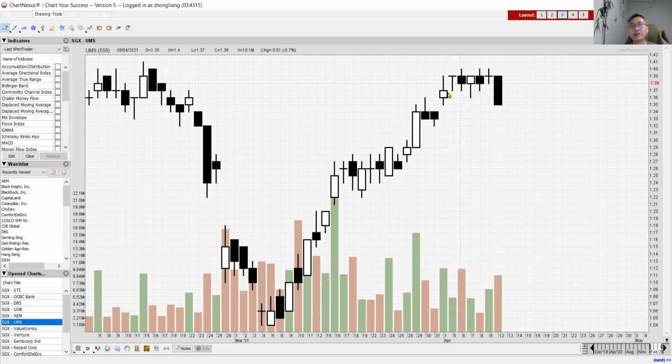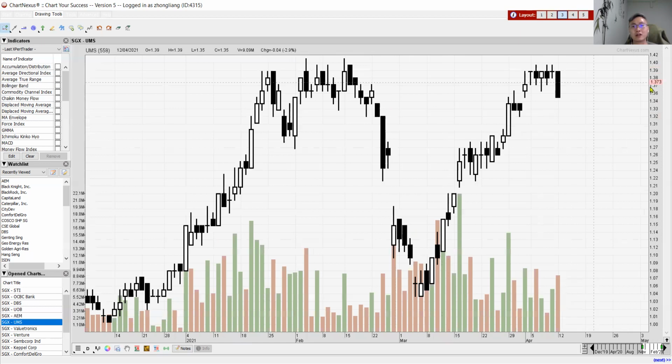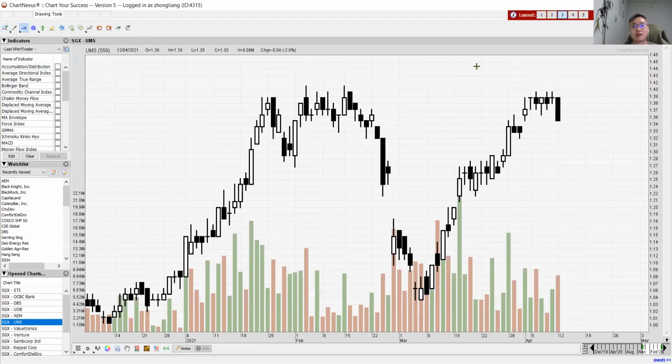We don't see a convincing movement, and together with this resistance zone that UMS is trading to, the normal pullback is quite the norm. So here we want to see where UMS will be supported, or which support can UMS hold on to.